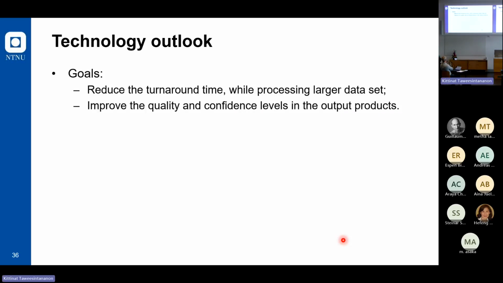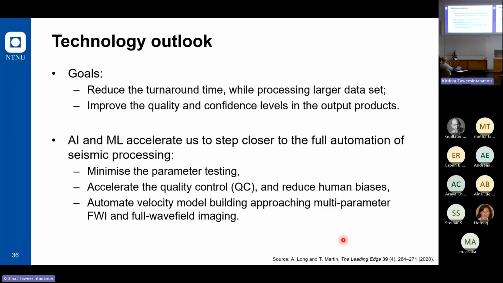So the goal, into the outlook now, is to reduce the turnaround time by processing the larger data set and improve the quality, or at least maintain the quality and confidence level in the output product.